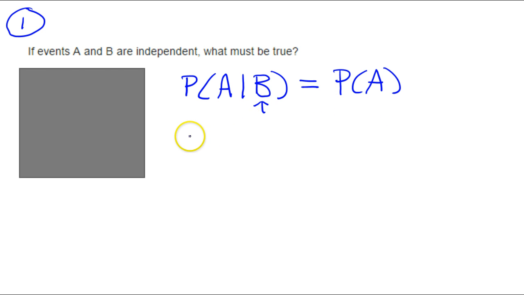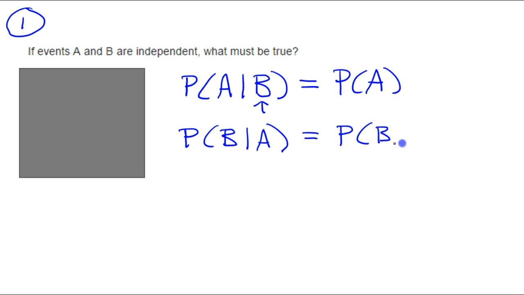Or we could switch it around the other way. If these events are truly independent, then we could start with the probability of event B. And we could say, okay, if we had this additional information that event A was also true, but that didn't really change anything. The probability of event B is still the same regardless of whether or not you have the extra information.